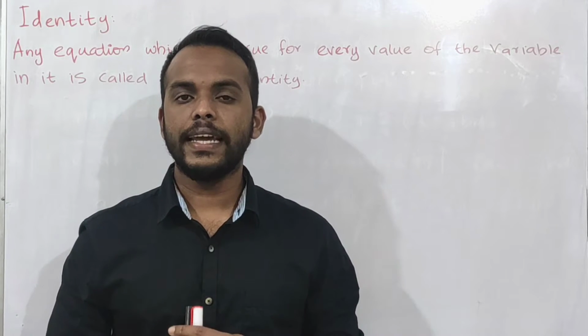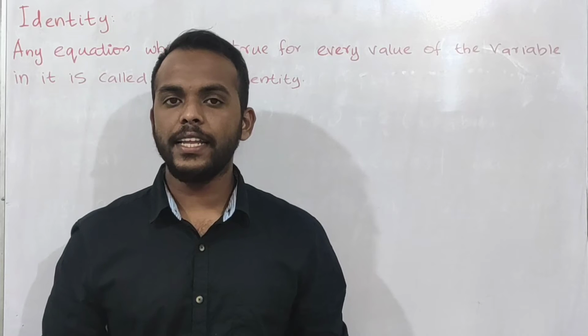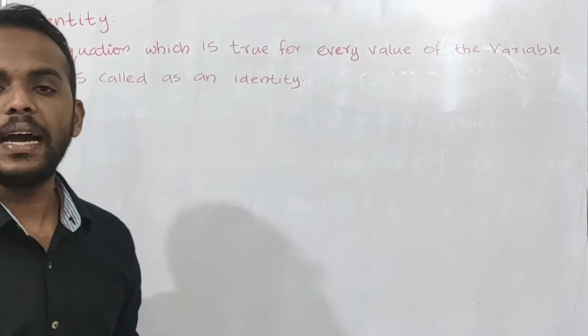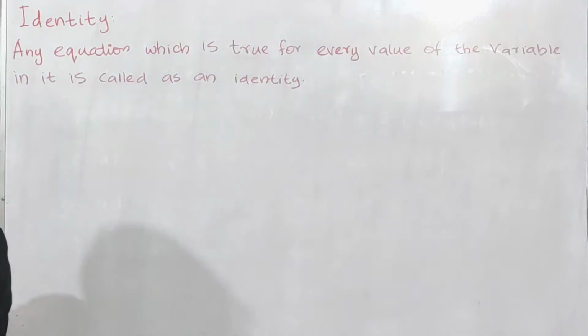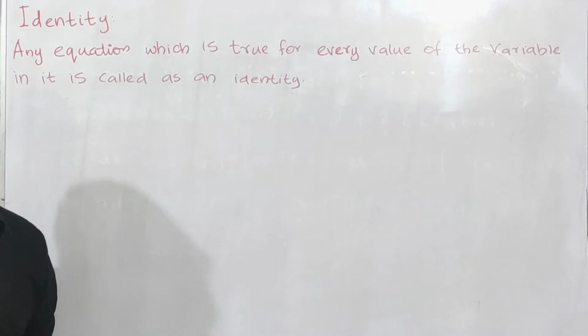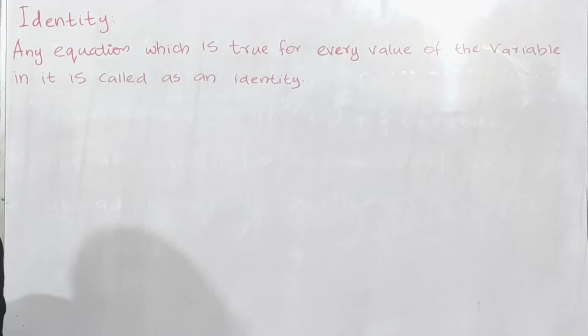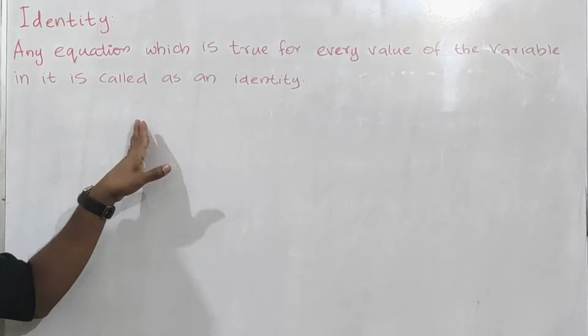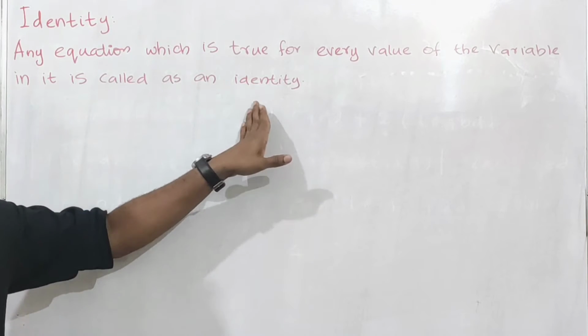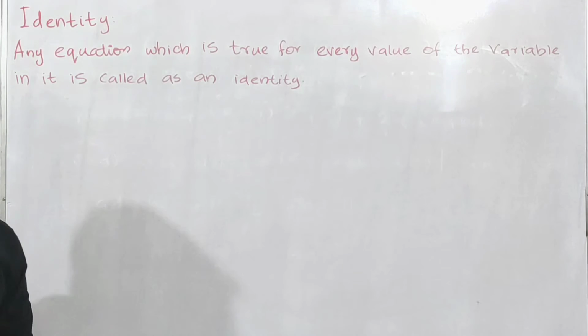We need to learn the next identity. Identity can be defined as any mathematical equation that is true for all the variables in it. Or if you put any variable in a mathematical equation and it is true, then we can call that particular equation an identity.